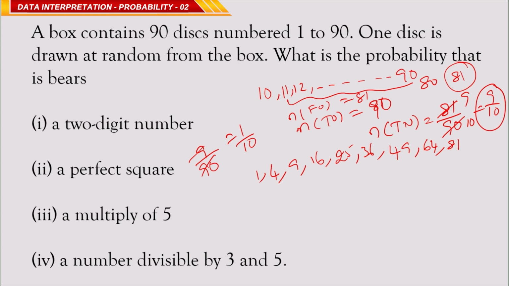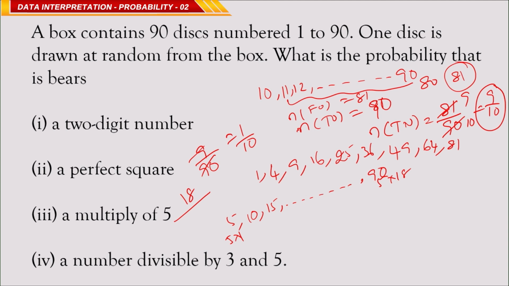Now, multiple of 5. What is the probability of a multiple of 5 here? The multiples of 5: 5 1s are 5, 5 2s are 10, 5 3s are 15 and so on up to 5 18s are 90. That means there are 18 multiples of 5 from 1 to 90.